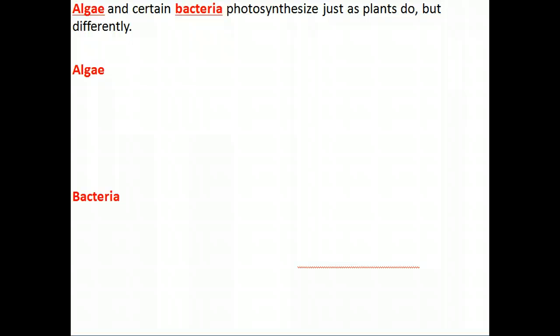We're going to learn more about algae in the next lectures. Not only do they use chlorophyll, they also have other light-activated pigments. We call them accessory pigments. They're going to play a major role in the light-dependent pathway.